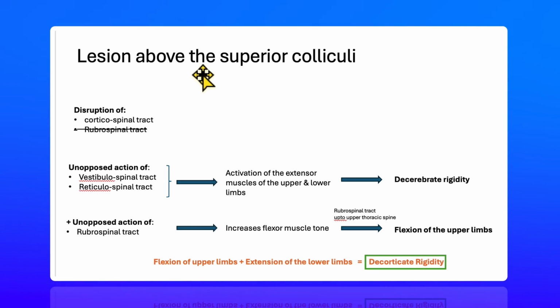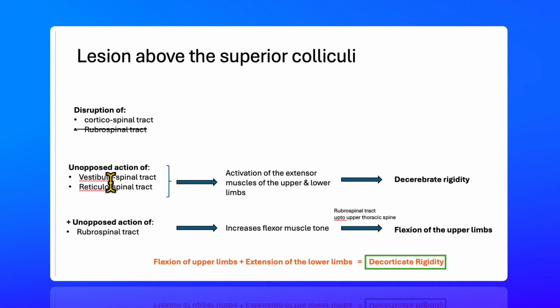So when the lesion is above the superior colliculi, still the corticospinal tract is disrupted. However, this time the rubrospinal tract, the tract from the red nucleus to the spine, is spared.